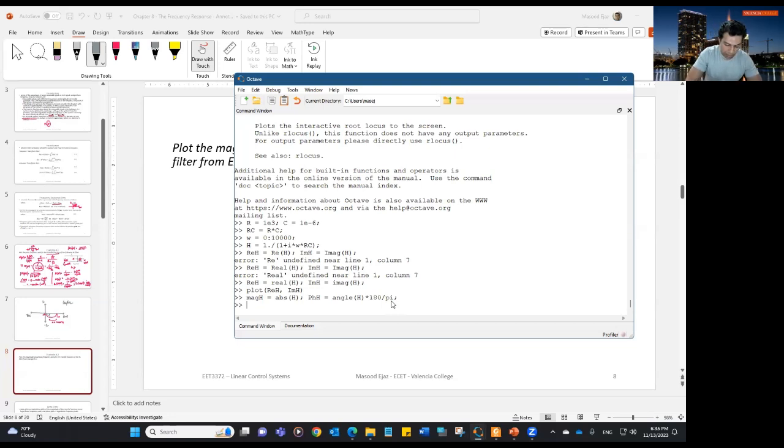And then you can plot it versus frequency, f, which is omega over 2 pi, sorry. Omega divided by 2 times pi, because omega is 2 pi f.